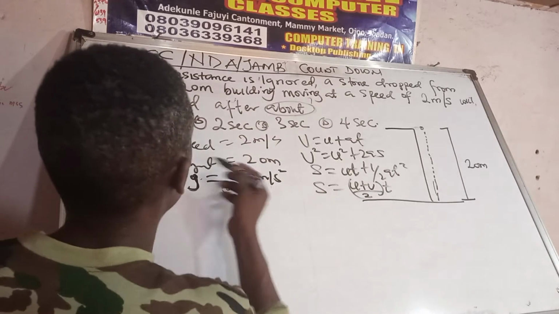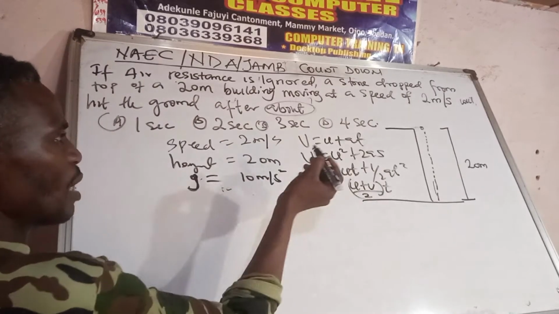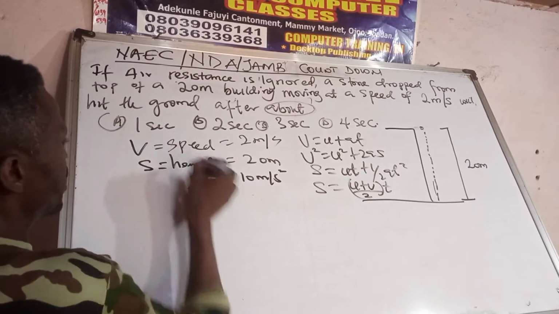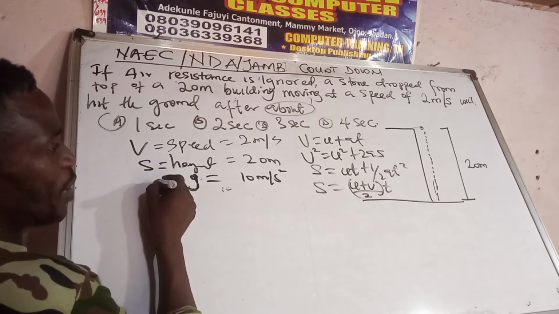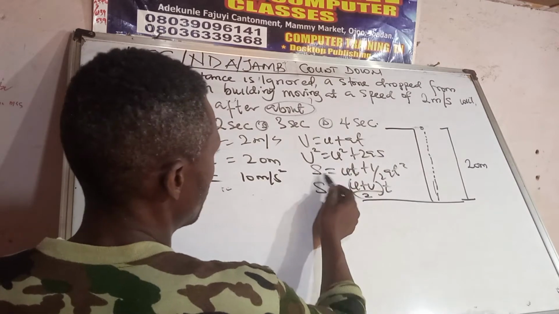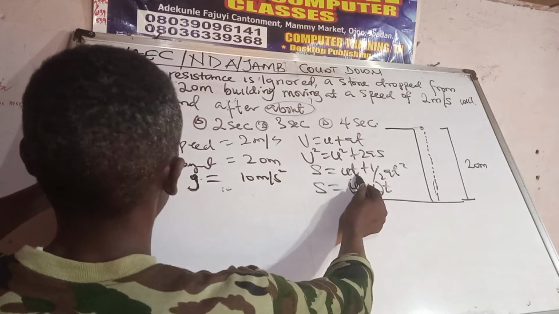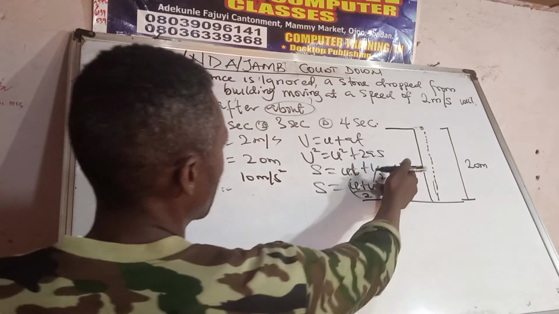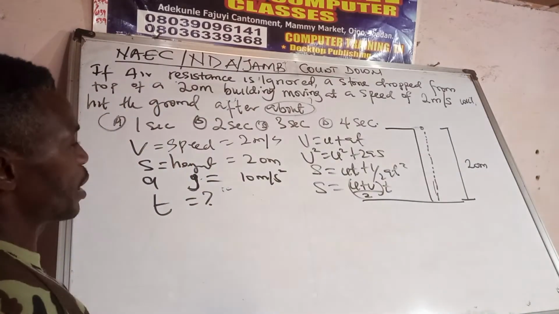Let us find where we have the speed V, S, and A. So we have S, U, T; S is here, T the time is unknown, with acceleration.